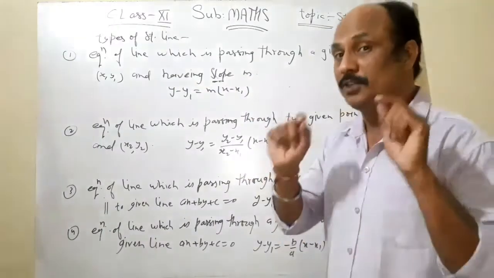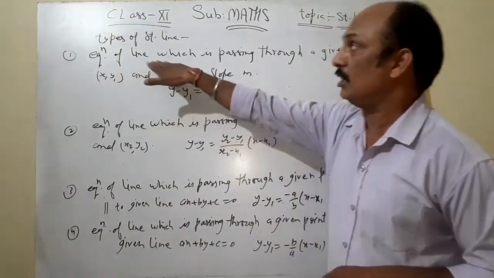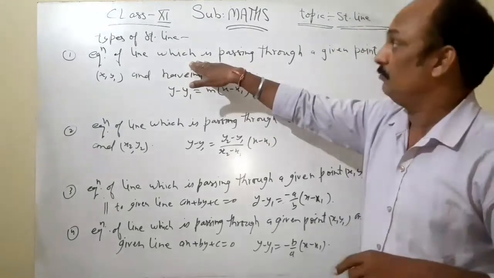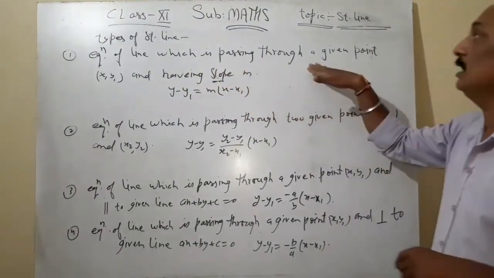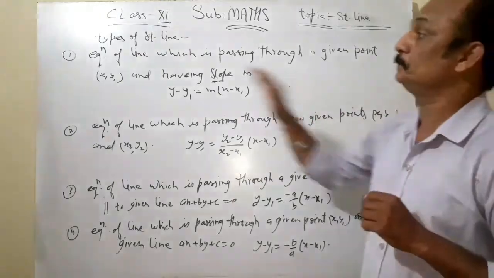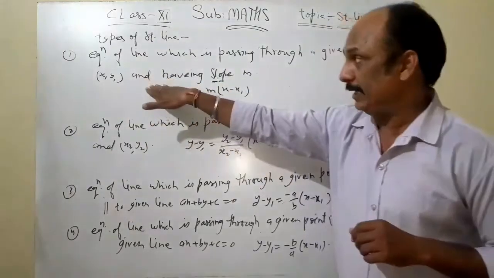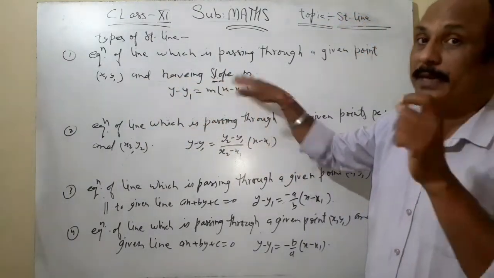First of all, we should learn equation of a line which is passing through a given point x1 y1 and having a slope m.